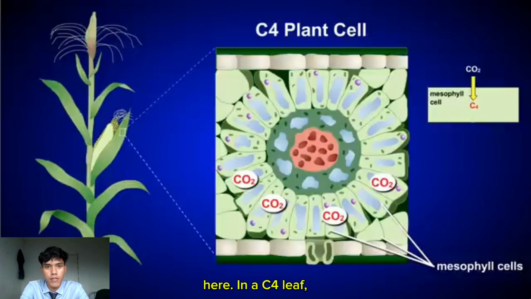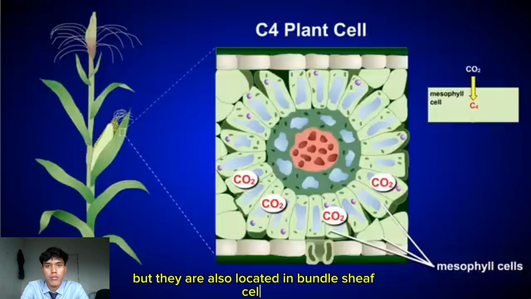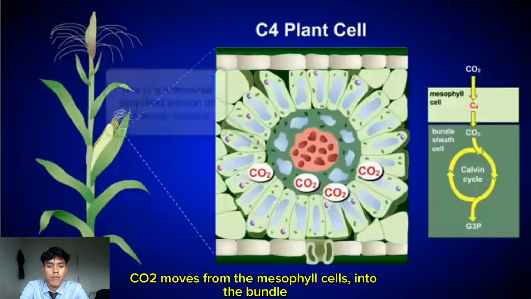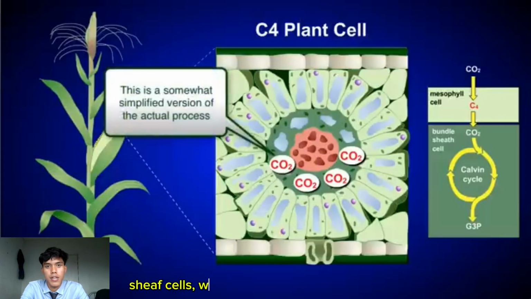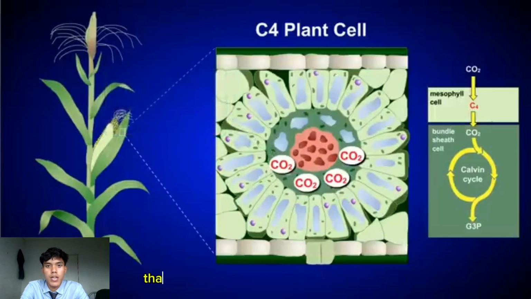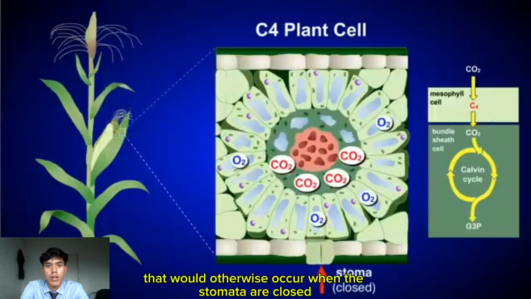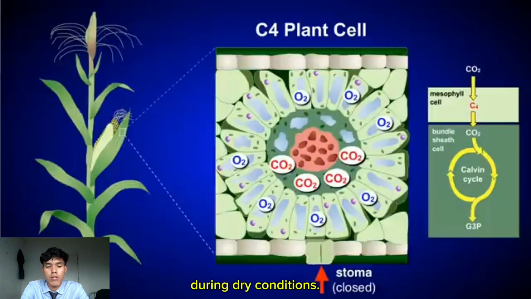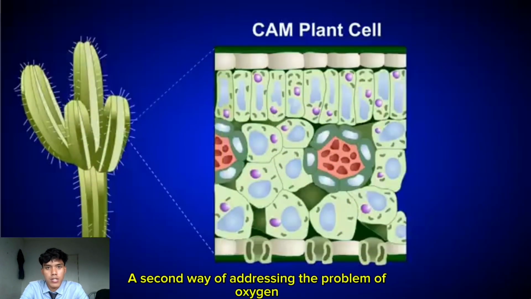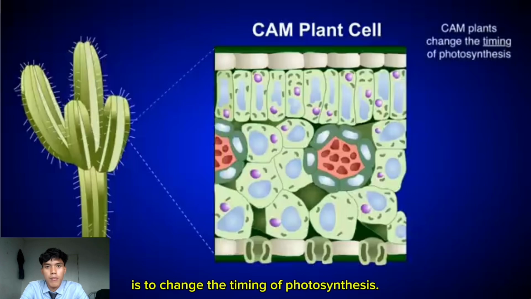In a C4 leaf, chloroplasts are located in mesophyll cells, but they are also located in bundle-sheath cells, which surround the leaf veins. CO2 moves from the mesophyll cells into the bundle-sheath cells, where the Calvin cycle occurs. This shields the plant from the oxygen build-up that would otherwise occur when the stomata are closed during dry conditions. A second way of addressing the problem of oxygen is to change the timing of photosynthesis.